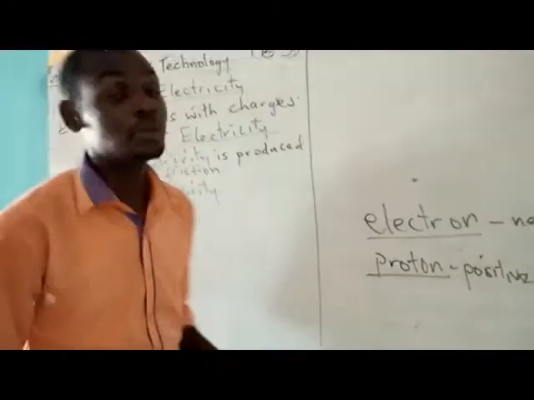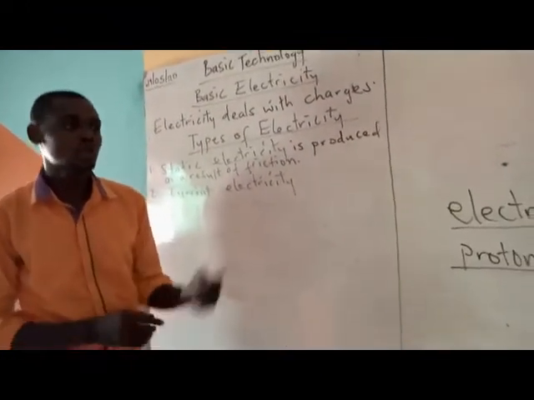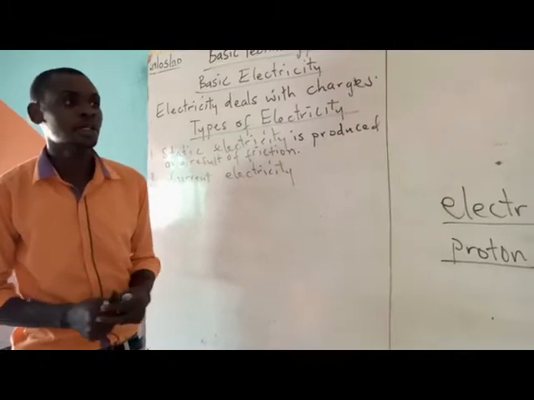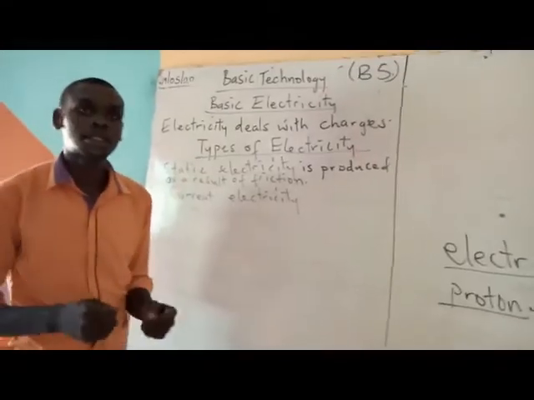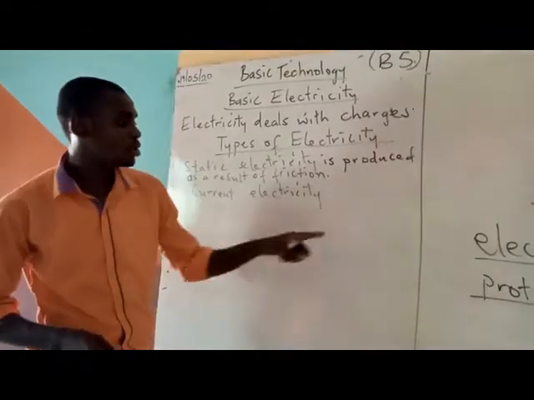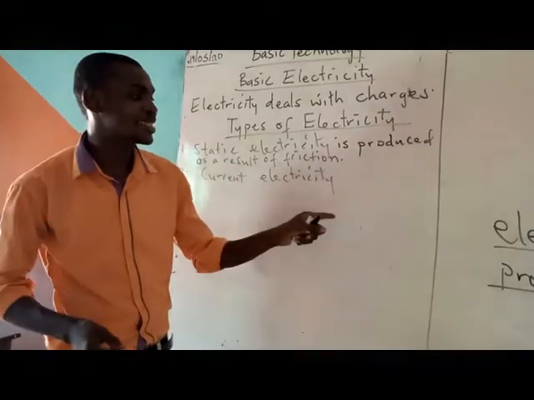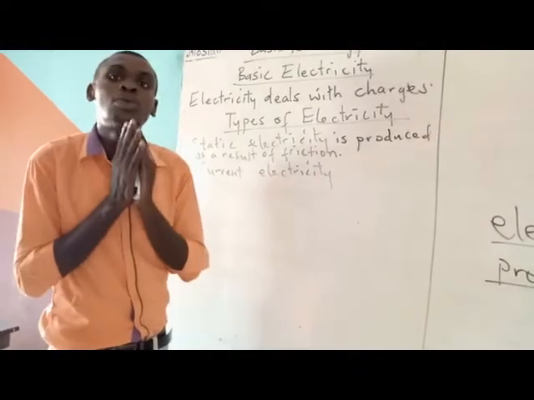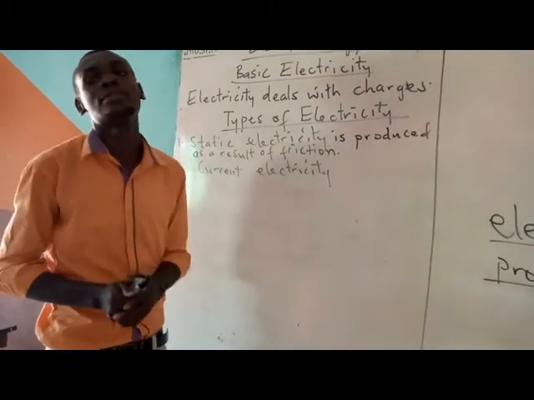Now, you can try it by yourself at home. If, for example, you take your pen and rub it on hair, then touch it to a paper, you observe something: that paper will be attracted, like glue, to the pen. Why is that? It's as a result of static electricity.